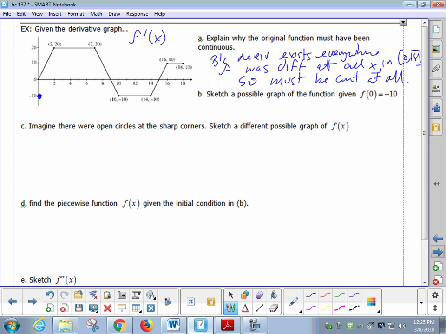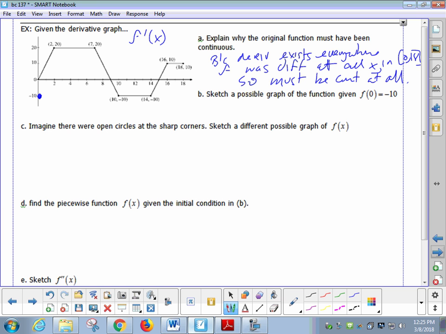Talk to me about time 0 to time 2, or x 0 to 2. What's the graph doing? Increasing. What's the shape of the graph there? Concave up. What specifically? What's the equation of that line? Oh, a slope. 10x, yeah?